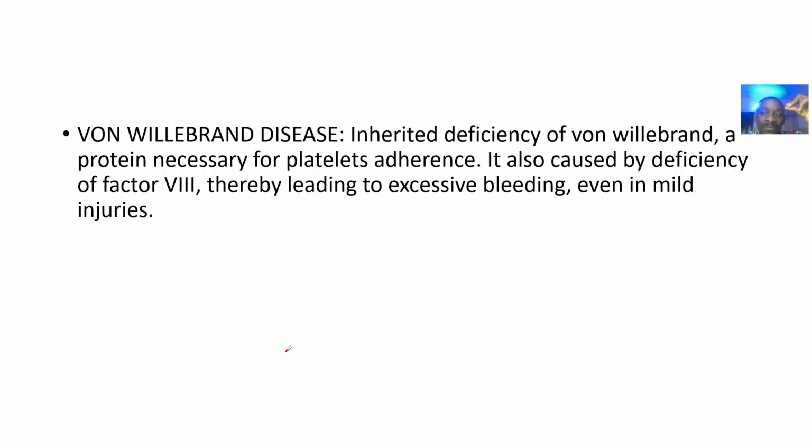Von Willebrand is necessary for these platelets to adhere together. Imagine that these platelets are not adhering together, then you're bleeding to death. It is also caused by deficiency of factor 8, leading to excessive bleeding even in mild injury, just small cuts. So that's about von Willebrand disease.